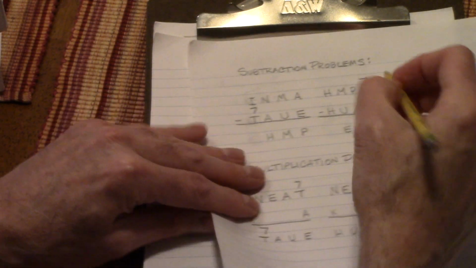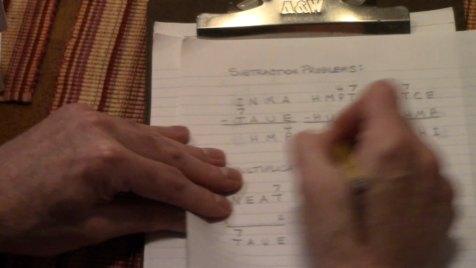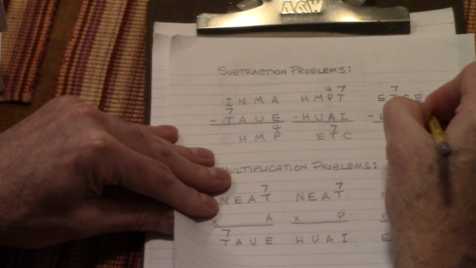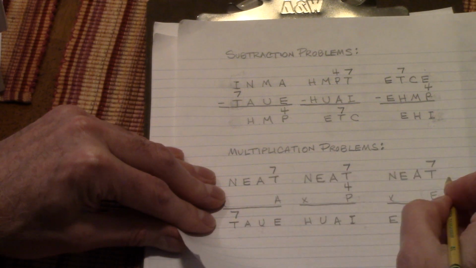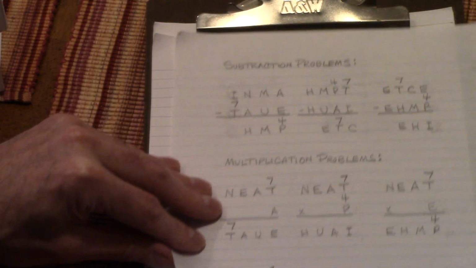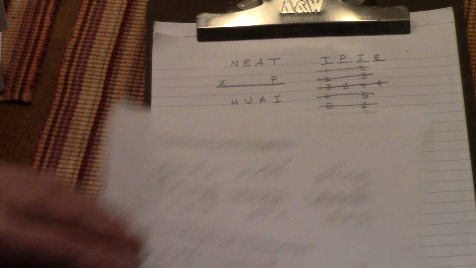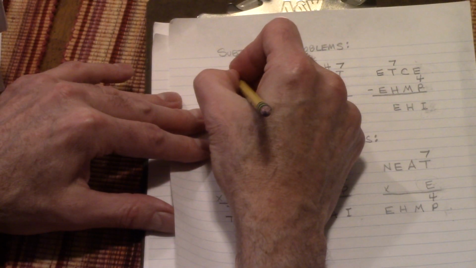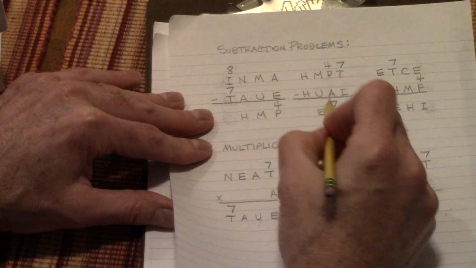Let's go ahead and put 4 every place that we see P. Double check to make sure I got all of the P's. I believe I did. Next, we're going to put 8 for I, any place that we see an I.